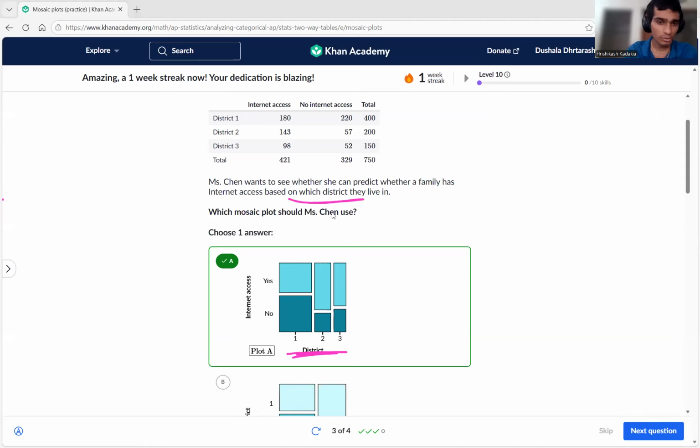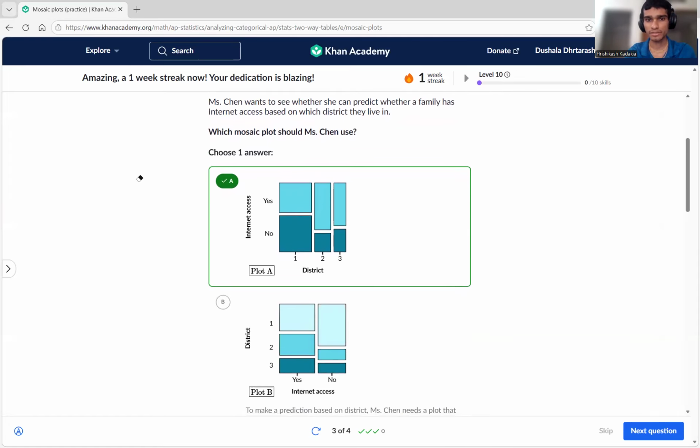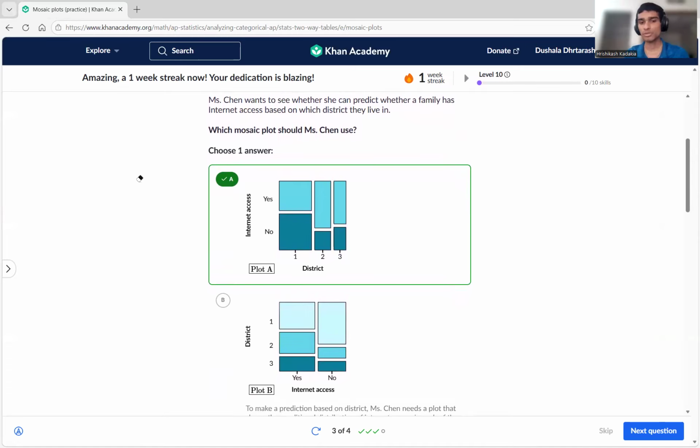So A and B are technically both correct, but here they wanted us to use A because that's giving information based on which district. B is giving the answer to, based on whether they have internet access or not, which district they are most likely to live in, or whether a family lives in district 1, 2, or 3.